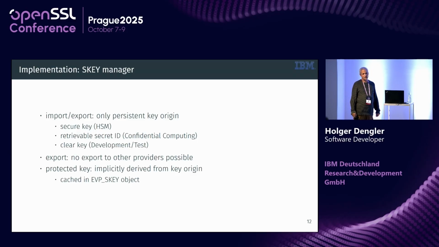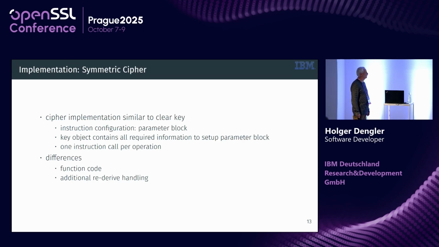So the EVP S-key object will cache this protected key, but it can become invalid over time. And the symmetric ciphers are doing more or less the same as we do in the default provider with our clear key instructions.